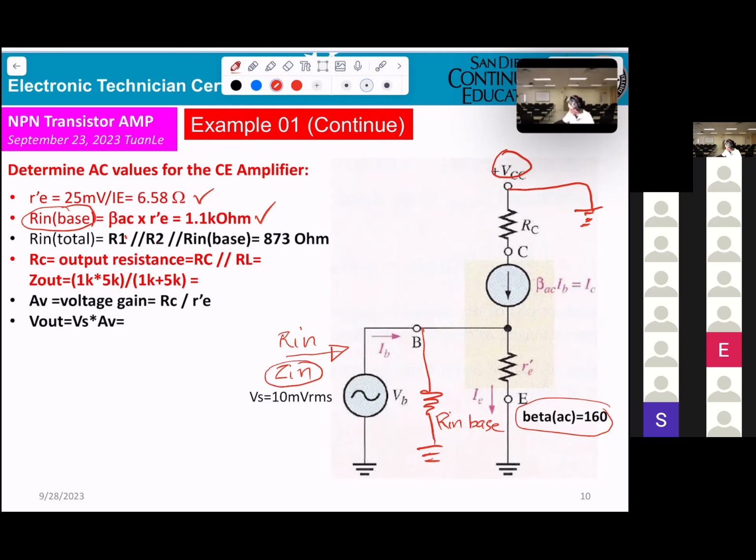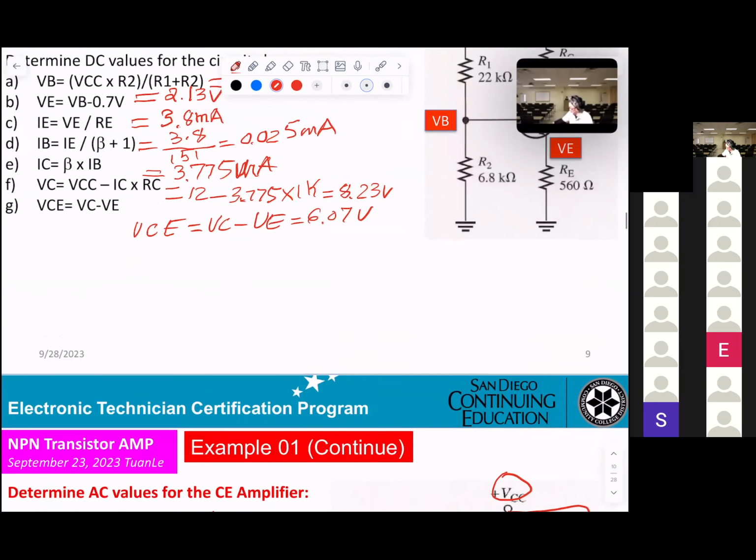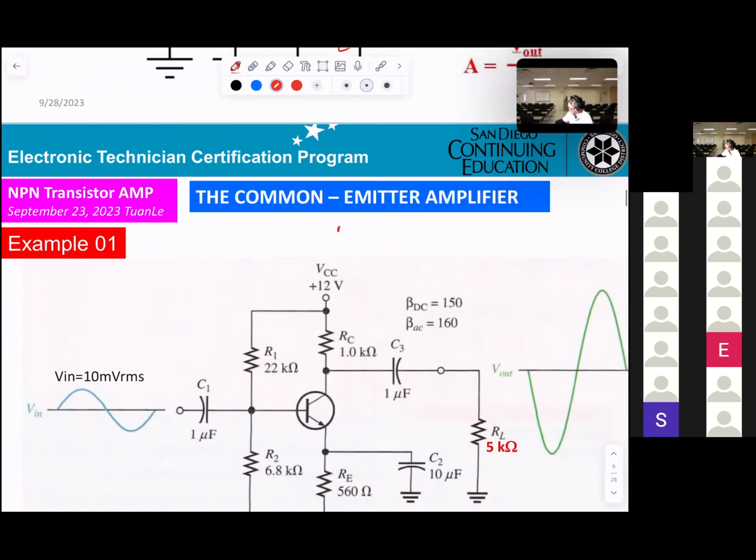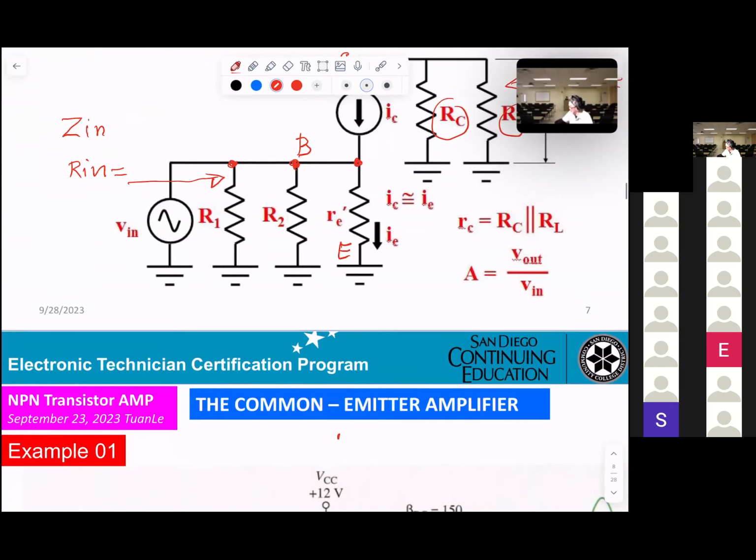That means they're looking into the input here, to see how much resistance there is at the base. Here, you see that?